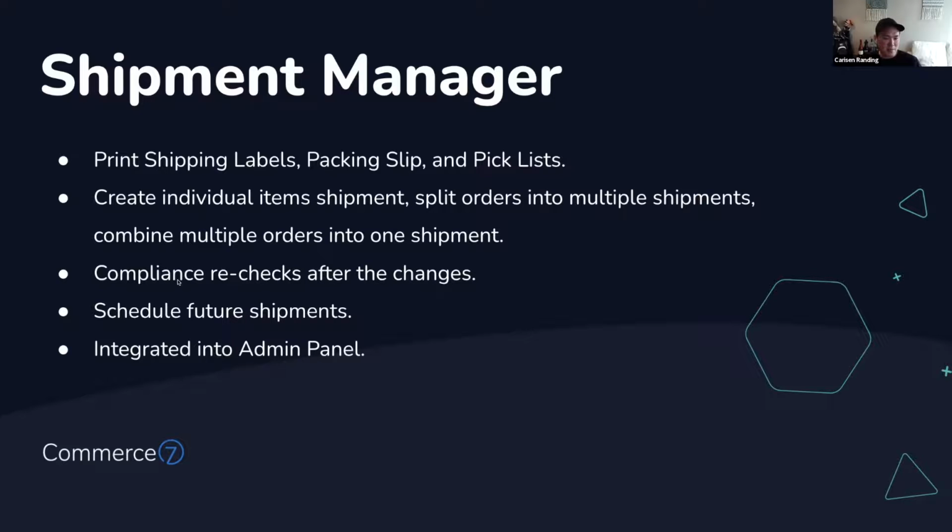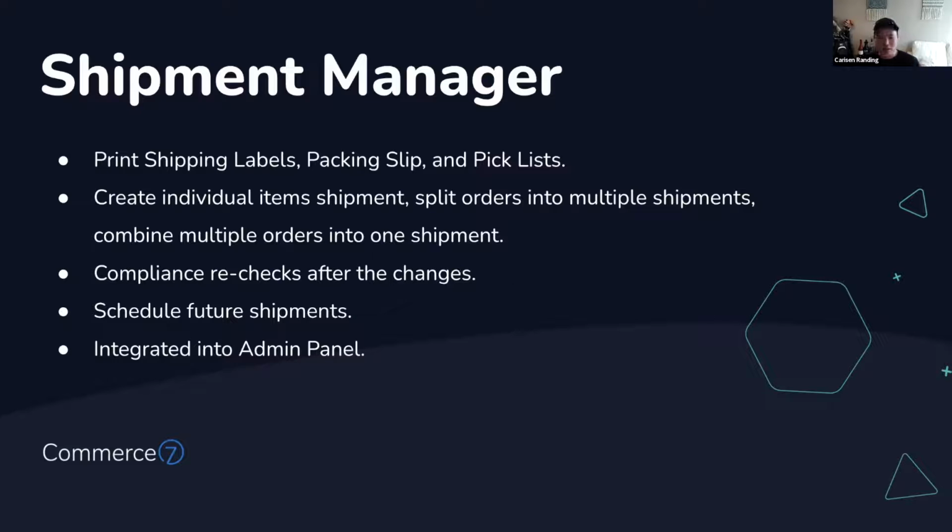It also has the ability to do a compliance check with Ship Compliant after you make the changes to the shipment. So the initial compliance check is done by Commerce7, but since Shipment Manager allows you to make changes to shipments and add or remove bottles to certain shipments, you need to recheck for compliance, and Shipment Manager has that functionality built in.